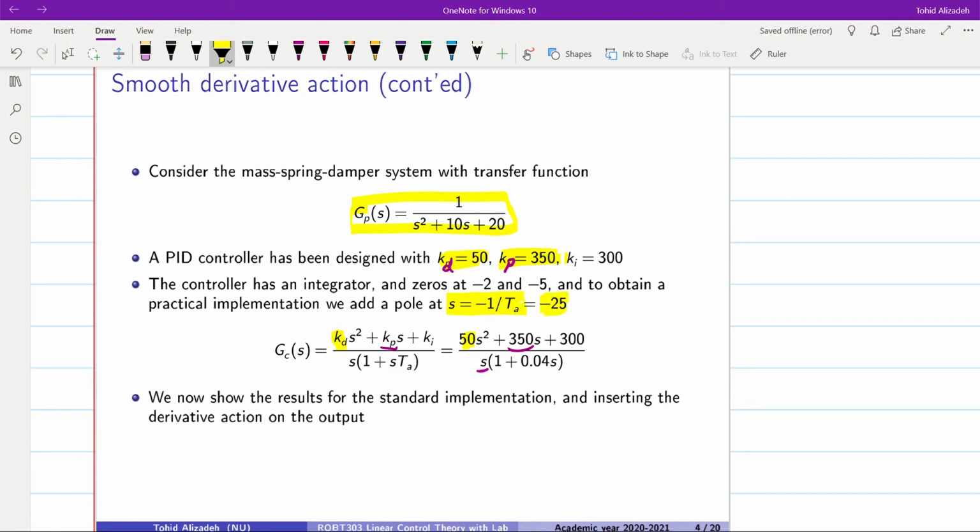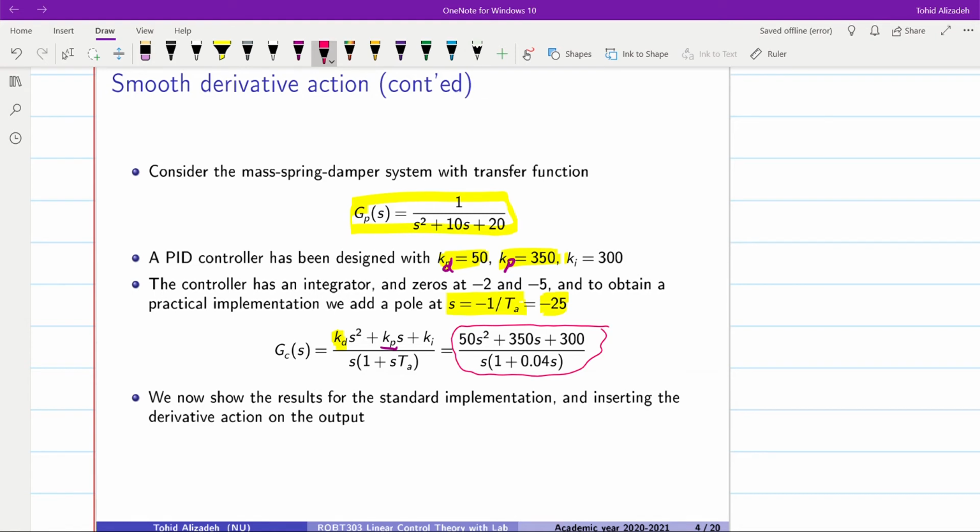This is in order to make the PID controller realistic, not an ideal one. And here you can see the final transfer function for the practical PID controller: 50 s squared plus 350 s plus 300 over s times 1 plus 0.04 s.